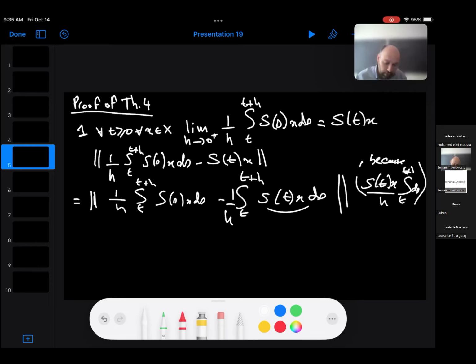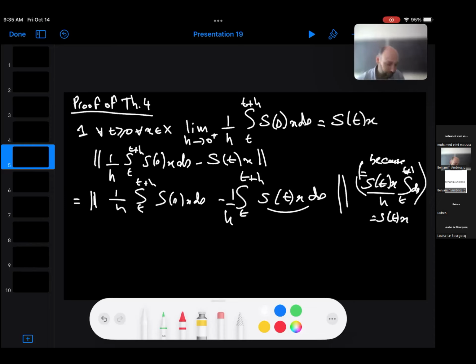And here it's the integral from R to R. This thing is equal to h, and this is equal to S(t)x. So it works like an integral from R to R, even though the result is in the Banach space.